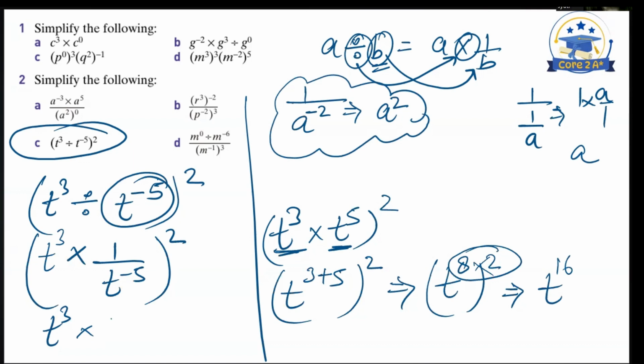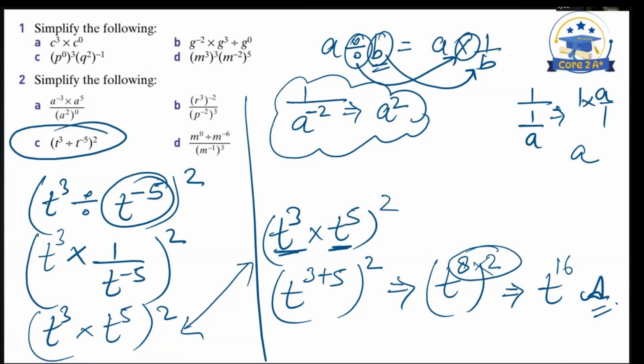So here, how can we write? T to the power 5, okay? And the whole square. See, you are getting the same value, okay? If your steps are correct, and you are following the rule and the concept, then you will get T to the power 16 as an answer.